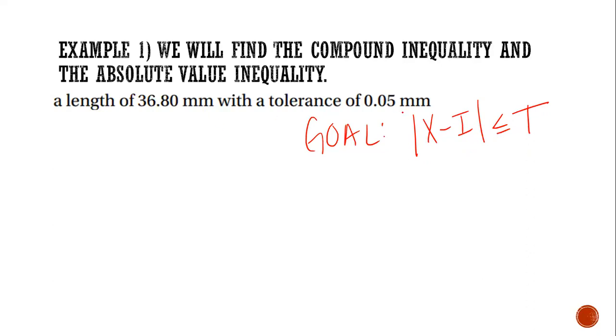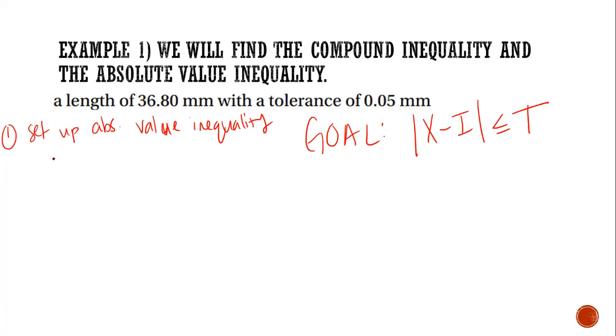So the first thing we want to do is set up the absolute value inequality. We want to set it up by identifying what's our I and what's our T. Your length that's given, that's your intended value.